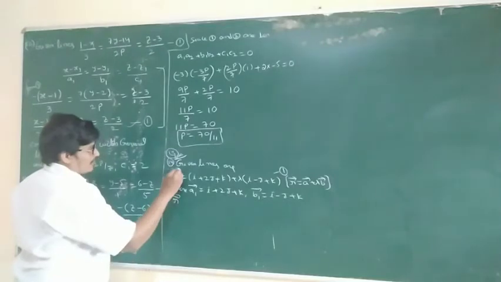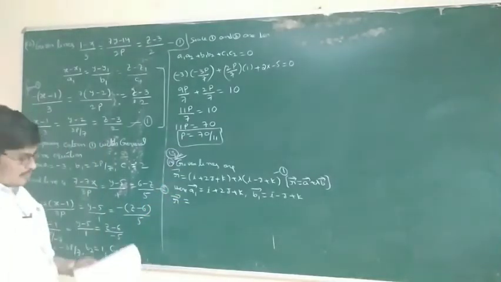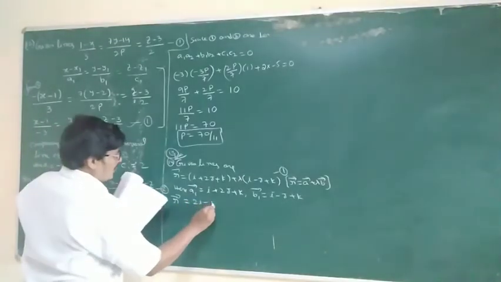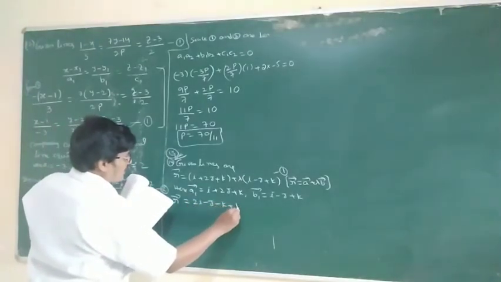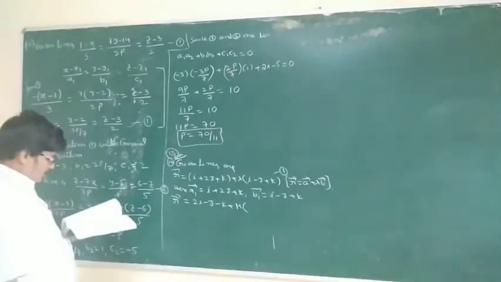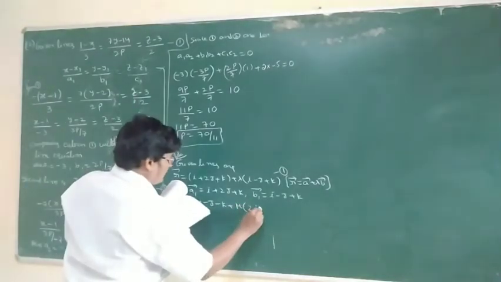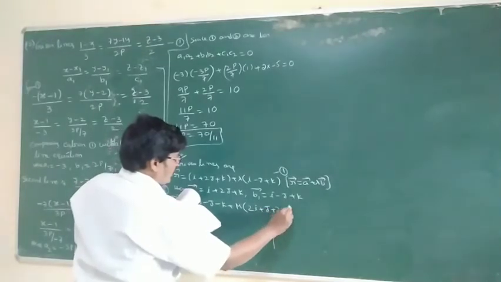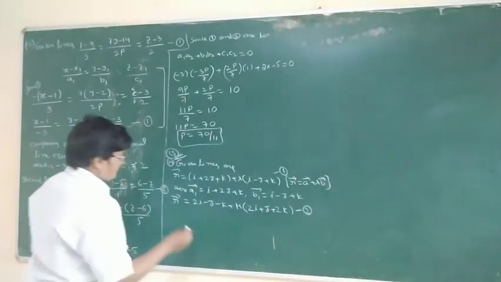Next, the second one: r bar is equal to 2i minus j minus k plus mu into 2i plus j plus 2k. This is equation number 2.